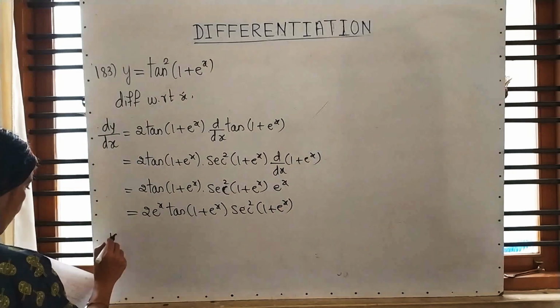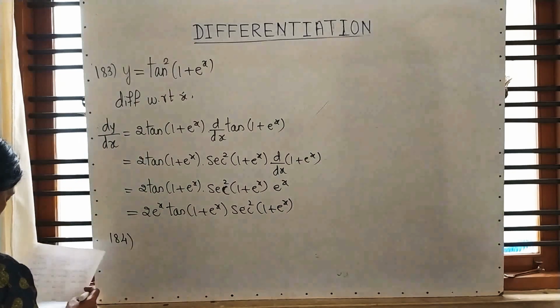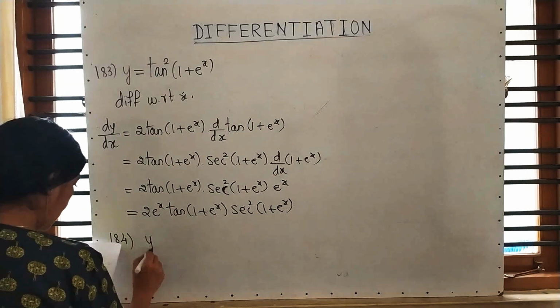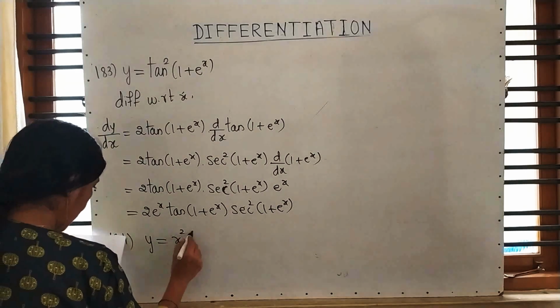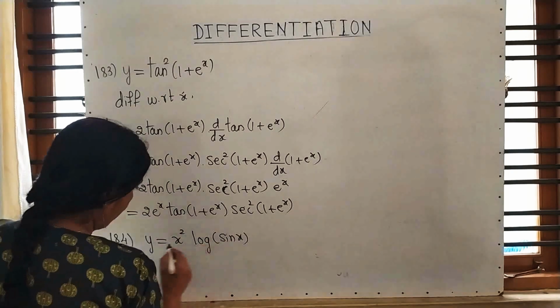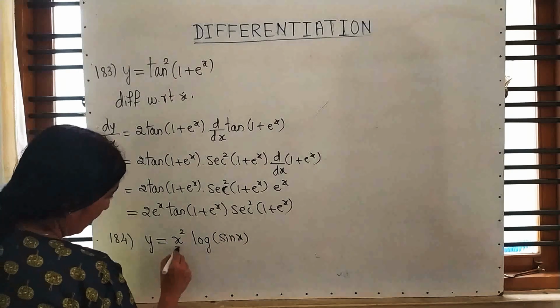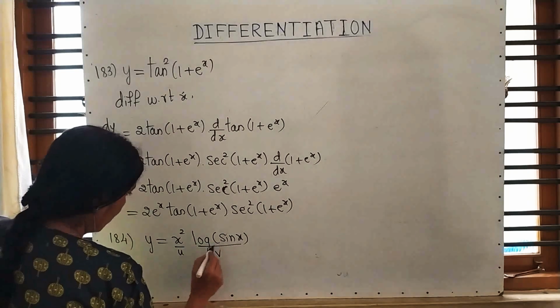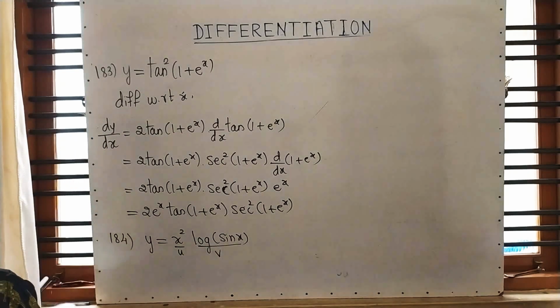Next, question number 184. y is equal to x square log of sin x. Yes, which formula? This is u, this is v. Correct or what?